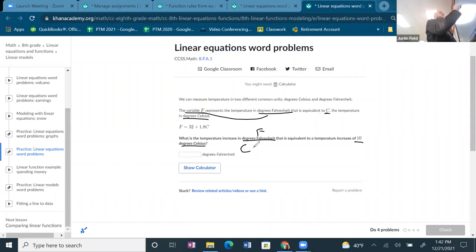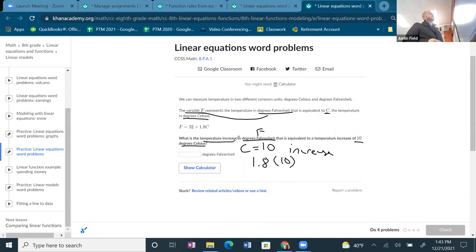So they gave me 10, increase. Okay, so if I substitute, but they're saying what is the temperature increase? So they don't want to know the temperature. This equation gives me the temperature, but the slope gives me the rate of change.